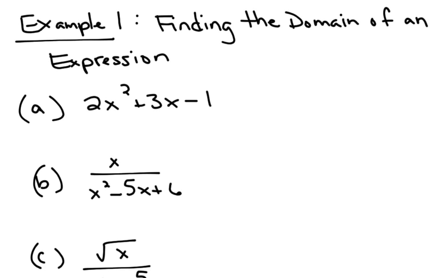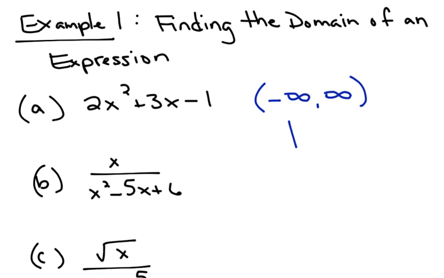Example A is a general run-of-the-mill quadratic expression. One of the things we learned in Algebra 2 was that the domain of all quadratic expressions was all real numbers. So one way of writing all real numbers in interval notation was like this.